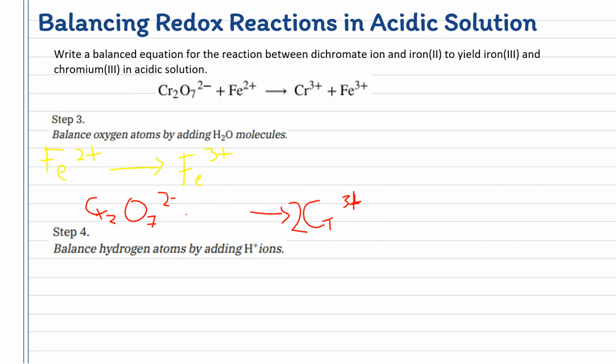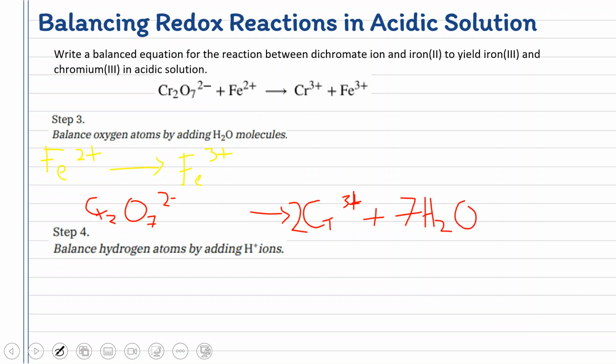Remember, the 7 oxygen is on this side. Do I add it to this side where the oxygen already is, or to the other side to balance it? I have to add it here. So I need to add the 7 water molecules to this side.